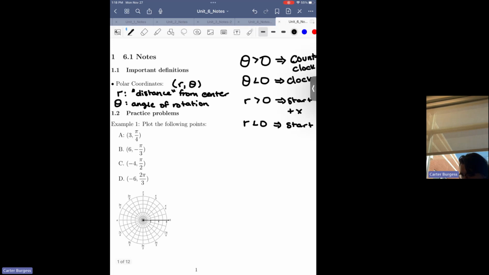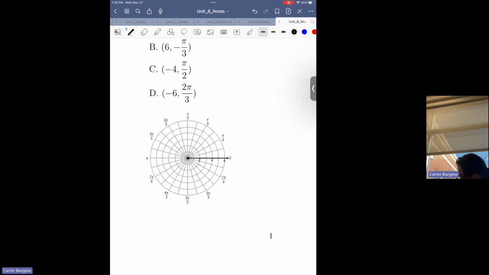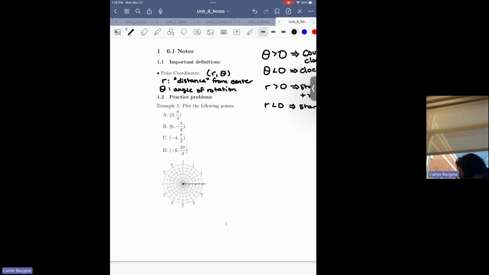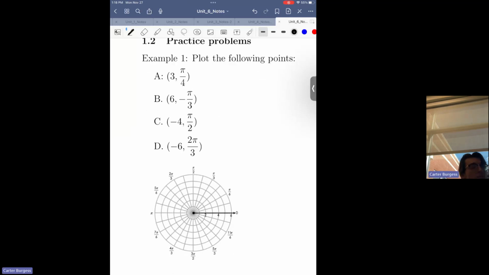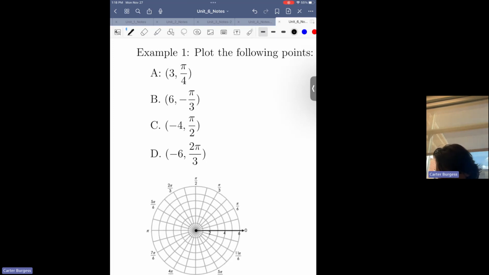All right, so let's take a look at how we might go about plotting some of these. For example 1, we've been asked to plot 4 different points. We'll go through the list. Looking at A, we've been asked to plot the point 3 comma pi over 4.